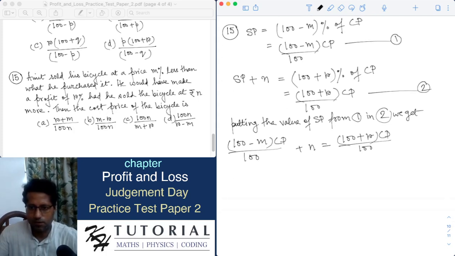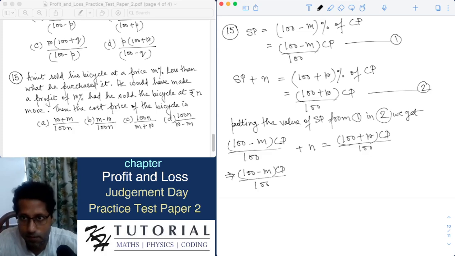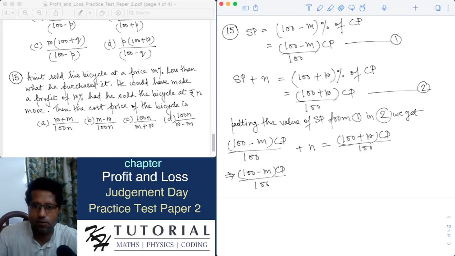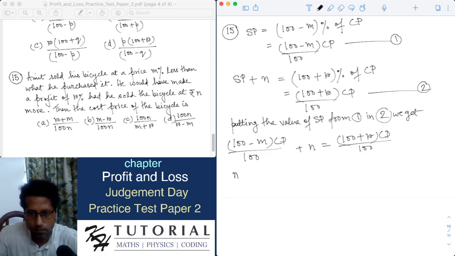Now if we bring all the CP terms to the right hand side, we get N equals (100 plus R) multiplied by CP by 100, minus (100 minus M) CP by 100.